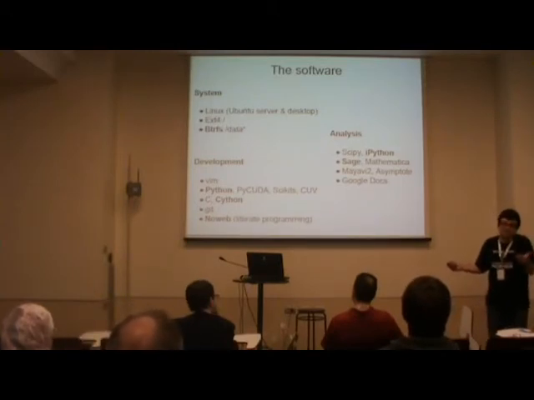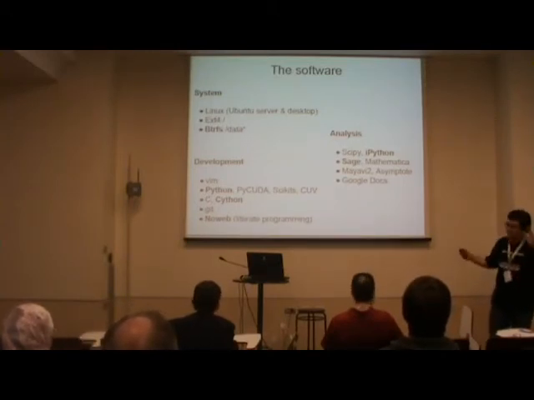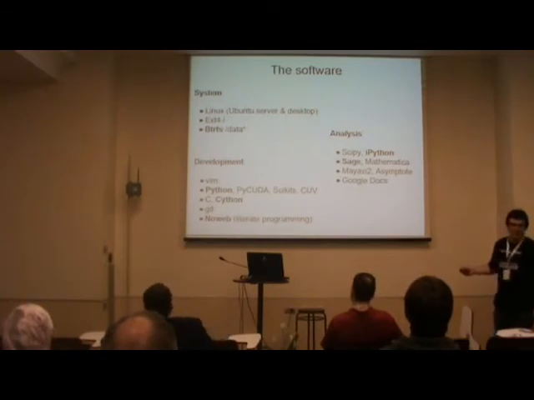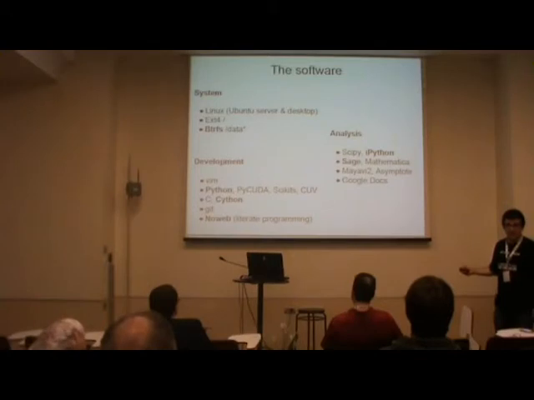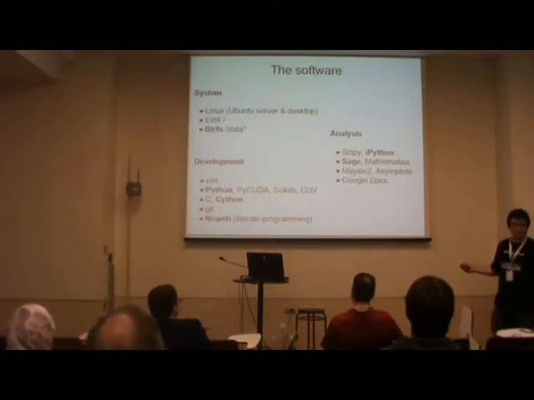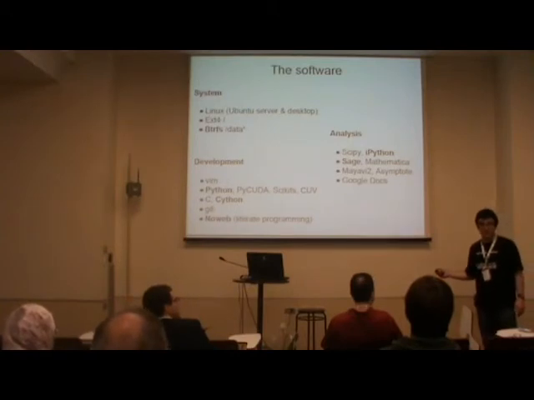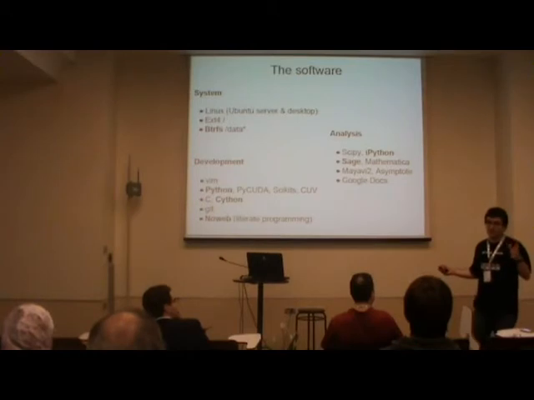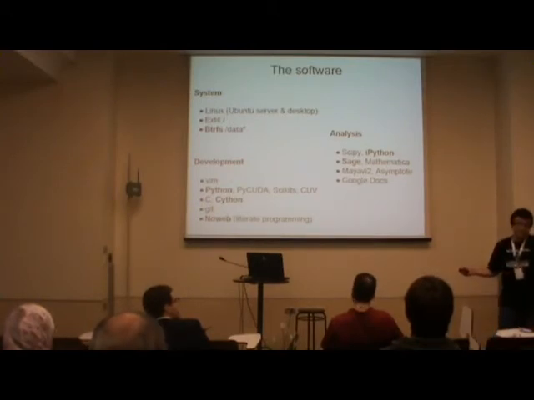For development, we use an editor. It happens we use Vim. You could use Emacs also. Python for the language. PyCUDA for the main Python library to work on GPUs. We use scikit, and we use a library we discovered recently called CUV. Very powerful library. It's based on C++ templates. Very nice. We also use C for the little kernels, and we use Cython. Cython is magic.